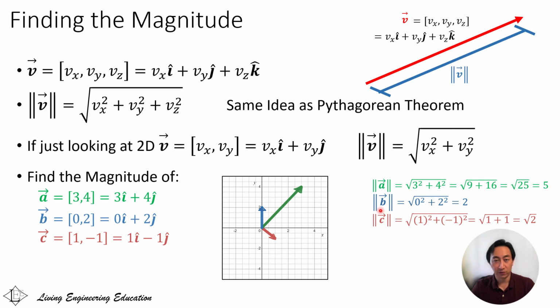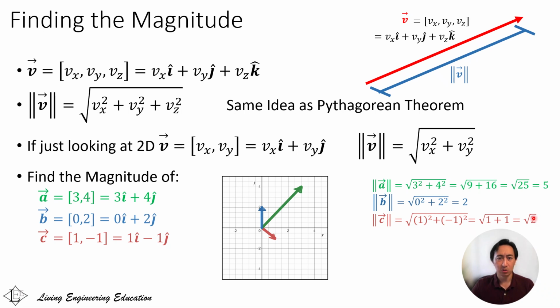The magnitude of the b vector, this one's easy because you have one direction that's 0. If that's the case, and it's only two-dimensional, then the other one is the magnitude, right? And we can see that here. The square root of 0 squared plus 2 squared is just going to be 2. And then lastly, this is 1, negative 1. The square root of 1 squared plus quantity negative 1 squared is equal to the square root of 1 plus 1, or the square root of 2.